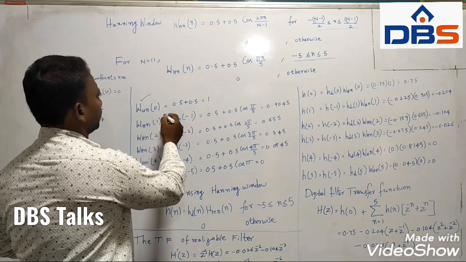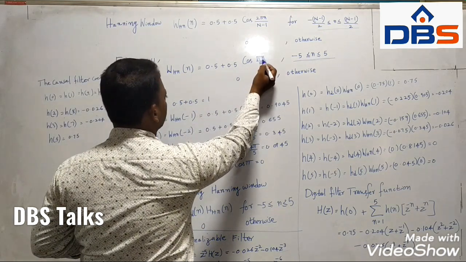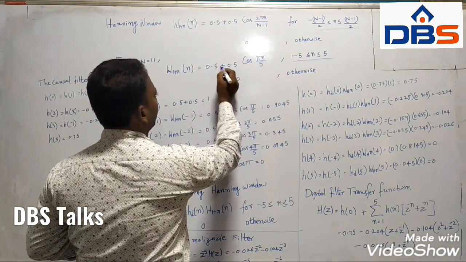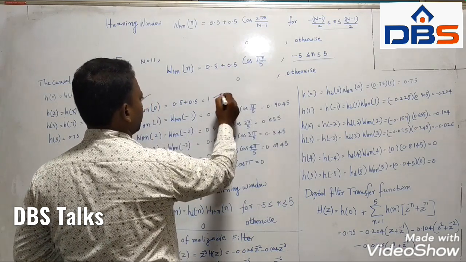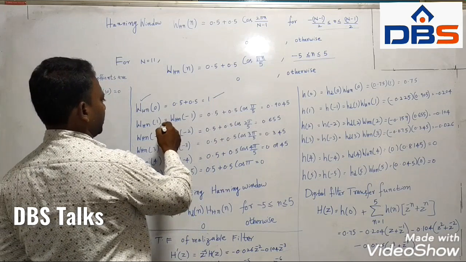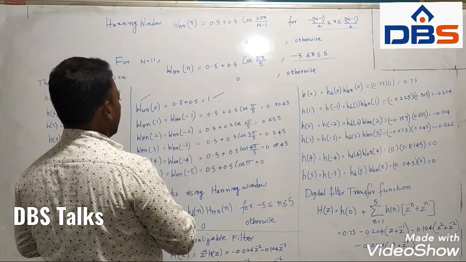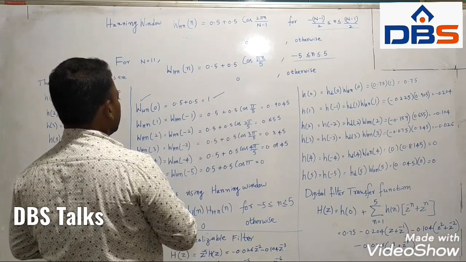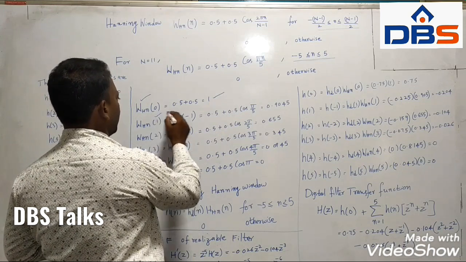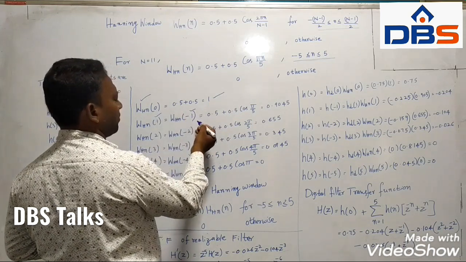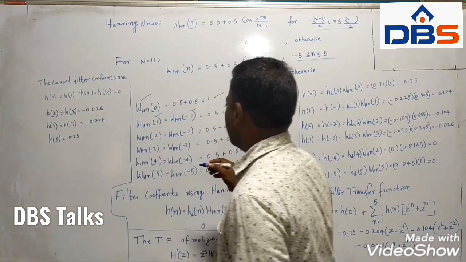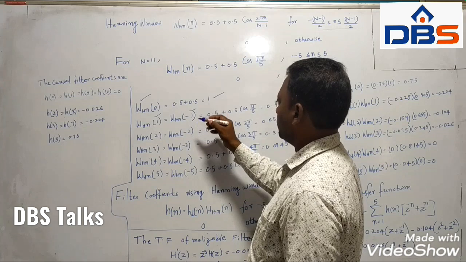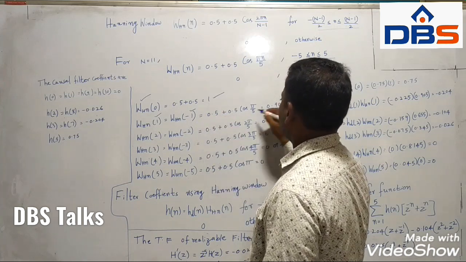w_H(0): if you substitute n equal to 0, what you will get? 0.5 plus 0.5 cos 0, cos 0 is 1, so 0.5 plus 0.5 is 1. And when you substitute 1, because it is symmetric, already we have seen that it is symmetric, whatever is there for 1, for minus 1 also it will have the same coefficient. So w_H(1) and w_H(minus 1) are both the same.